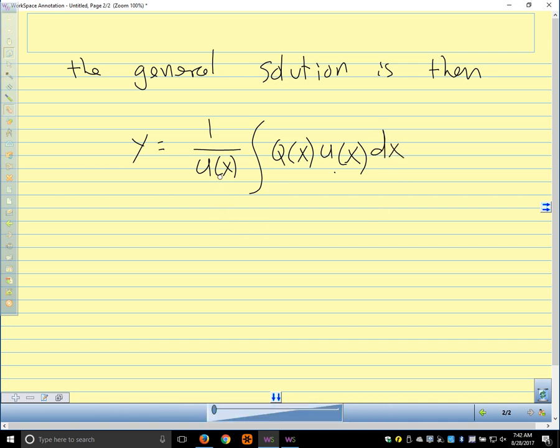So we evaluate another integral to solve our equation. So that's our formula. That's the solution to this first order linear differential equation, where u of x is e to the integral of p of x dx. So I want to do an example where we use this formula, and then I want to do an example where I show you why this formula works.